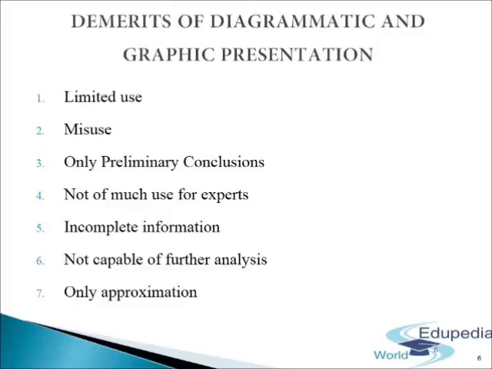And the last point, only approximation. Diagrams show only approximate values, especially when data are very large. Therefore, very large or very small differences between two or more sets of data cannot be shown. These are the demerits of diagrammatic and graphic presentation.